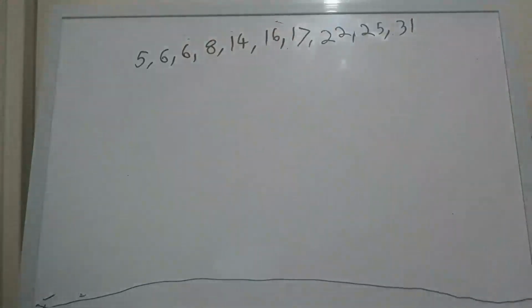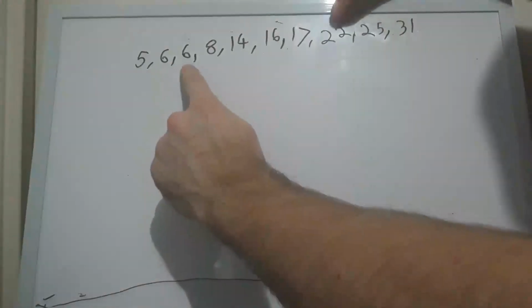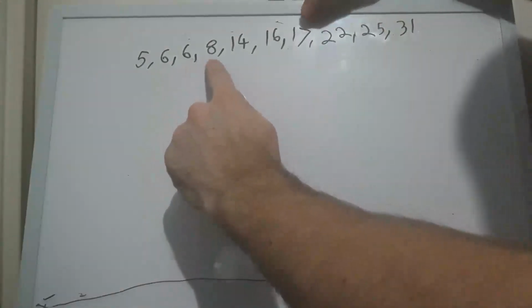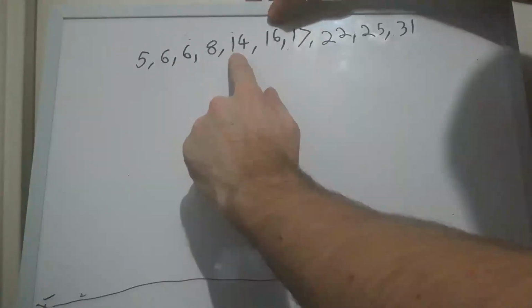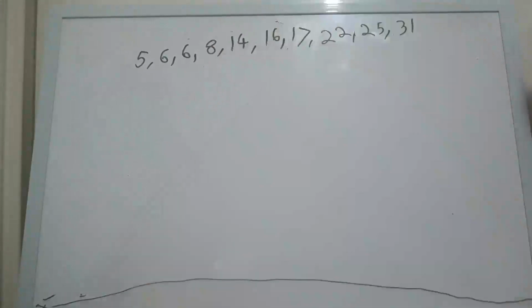Now we only have 10 data points in our data set. That's okay, but let's say that we use the same method to find the median. So 5 and 31, 6 and 25, 6, 22, 8, 17, 4, 16, and there's our number in the middle. So we're stuck between 4 and 16.